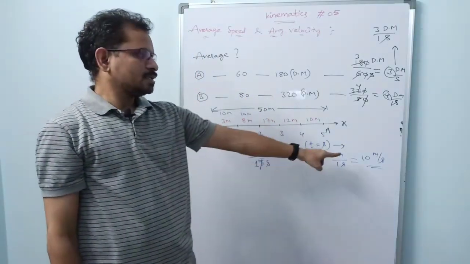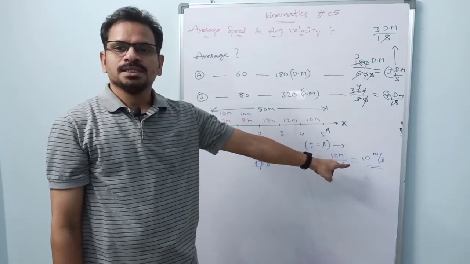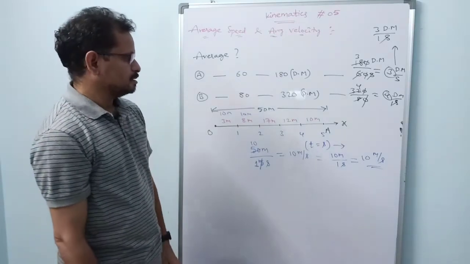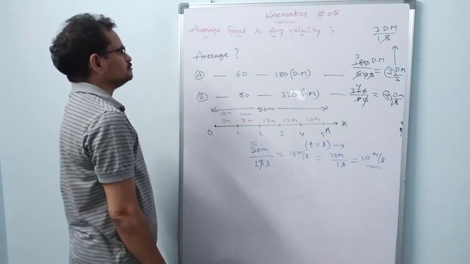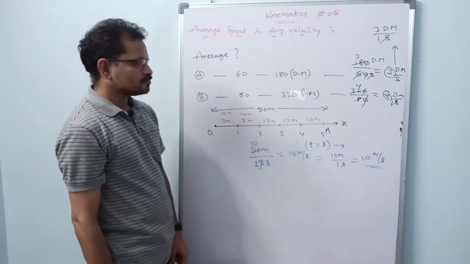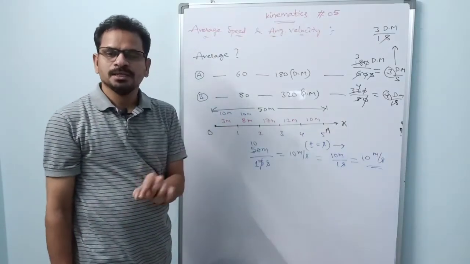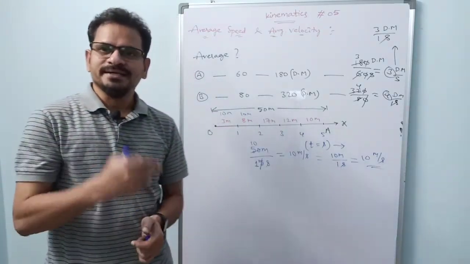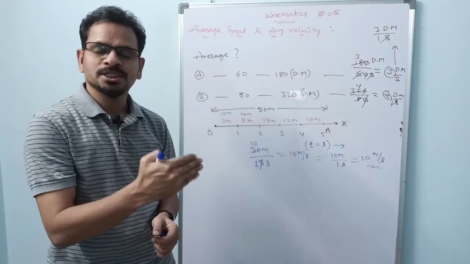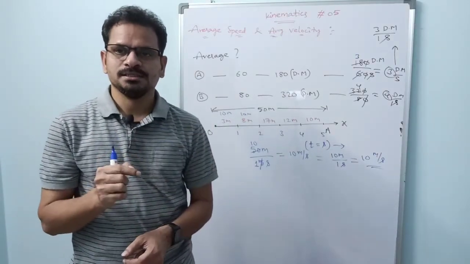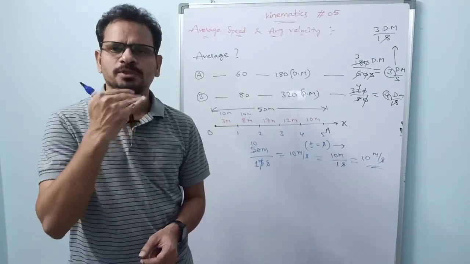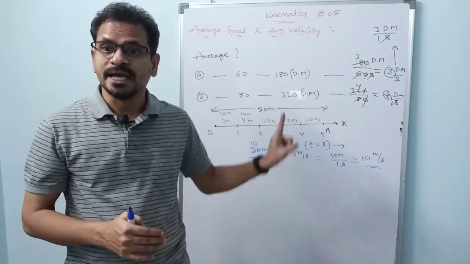So here 10 is the average value. Now, have you felt what average value is? Average means justification in a distribution, equal distribution, no partiality. That is the average value.